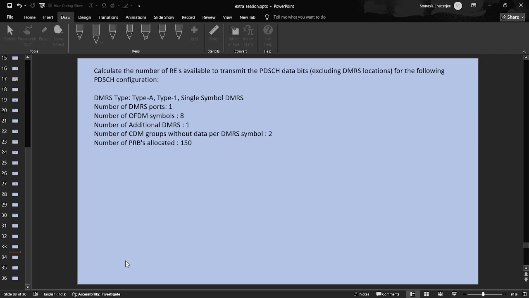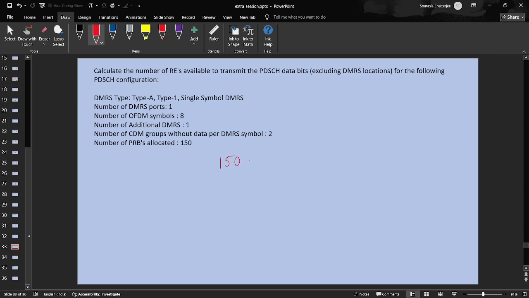So what about this one? The number of REs available to transmit the PDSCH data bits. So the number of PRBs allocated is 150. First of all we see how many bits in total are allowed, including DMRS.